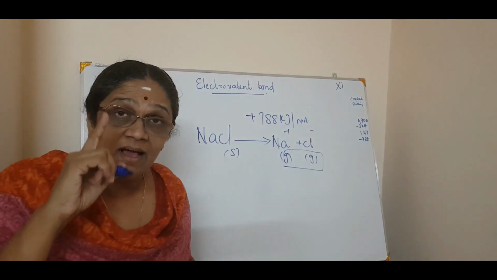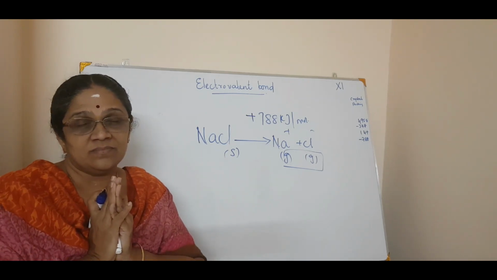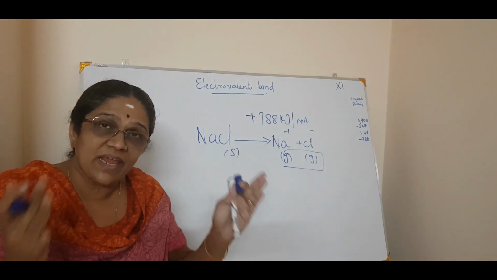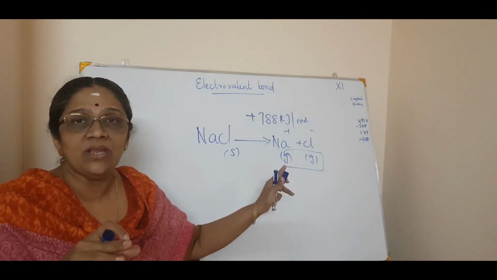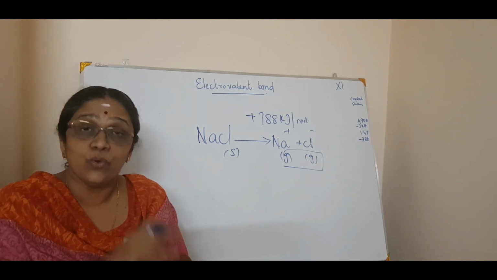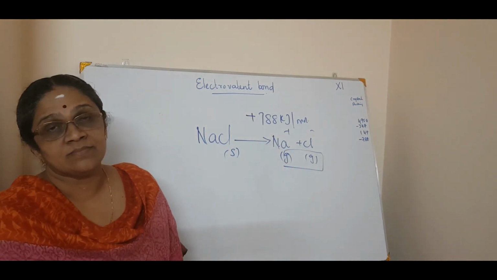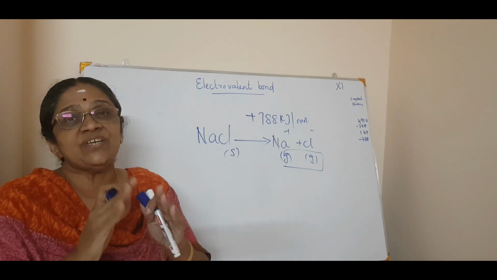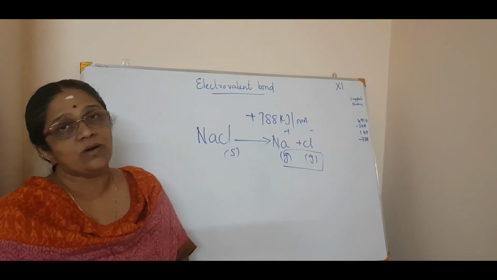Why? In the last case, it was the release of energy when a lattice is formed. Here, the lattice is breaking. So for making and breaking, you use the same word, lattice energy, but the plus and minus in the value will change. In breaking a bond, energy is needed, so the value will be plus. In the reverse case, the formation of the NaCl lattice, energy is released, so that should be minus 788 kilojoules per mole.